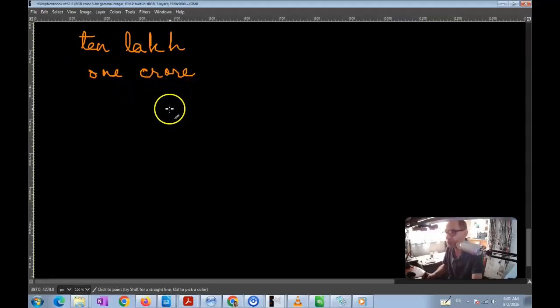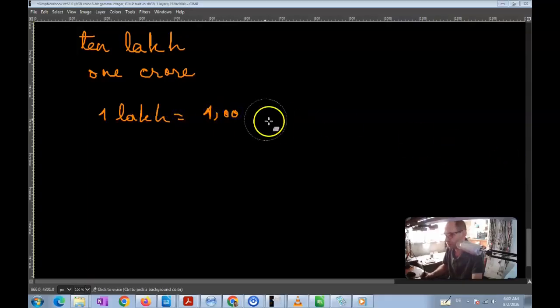Of course, you know that 1 lakh is the same thing as 100,000, which you would write this way in the English system. So 100,000 would be 1 lakh.